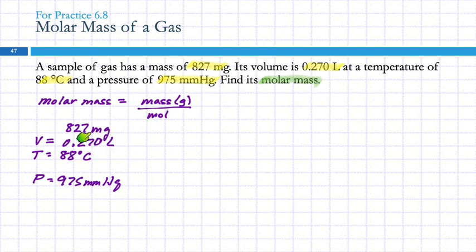Well, I've got the mass in milligrams. So we could write 827 times 10 to the minus 3 grams, because milli stands for 10 to the minus 3. And then I need to find the moles using the ideal gas law.